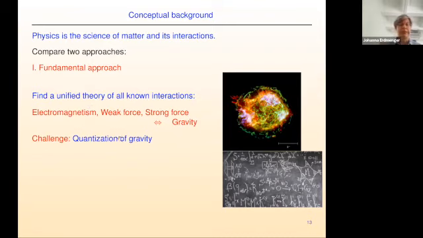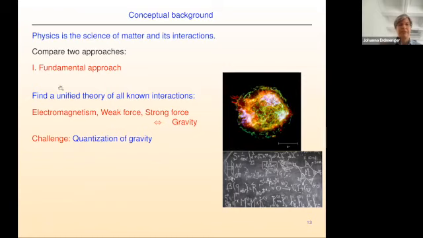Okay, and there has been a lot of progress, especially based on string theory or also other approaches. But there's not yet a universally established theory of quantum gravity, certainly not. Although there's a lot of progress, this is still a challenge, and this is what many people work on, in particular in the context of string theory.